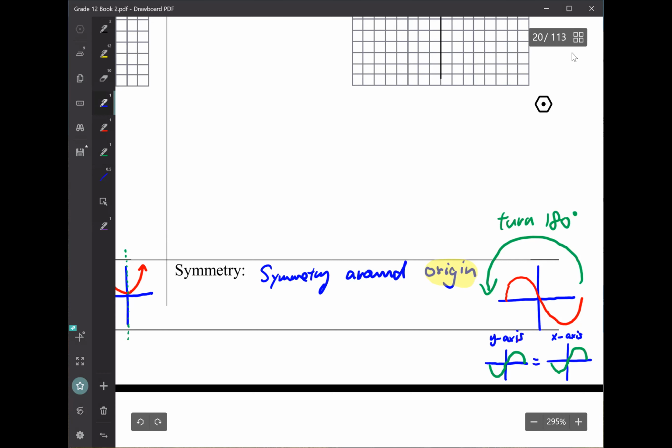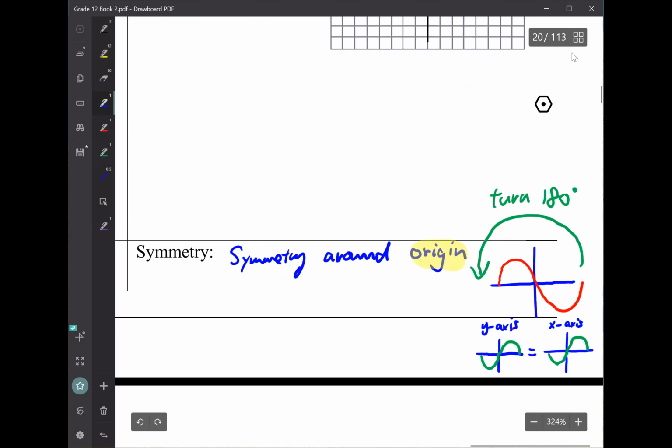Same rule, we're going to use transformations to help us write the rule out. Reflecting over the y-axis will be f of negative x, right? And if it's reflected over the x-axis, the negative should be outside, not attached to the x. So the two graphs should look the same, should equal each other.